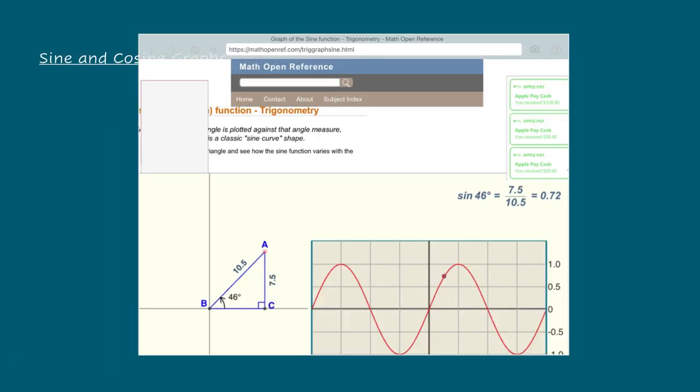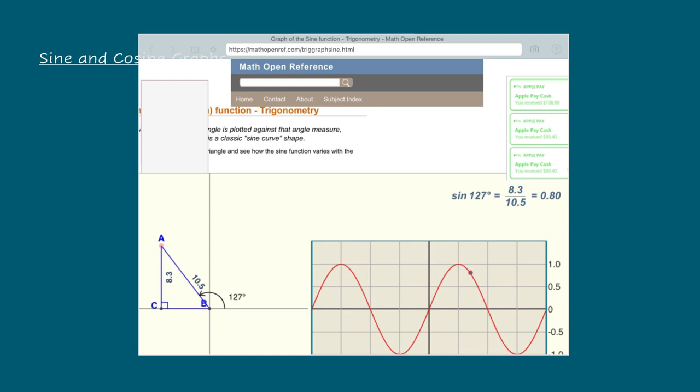All right, so here we have a different demonstration of the same idea. If I take a look at this curve, it's a sine curve, and on the left we have a right triangle drawn. But if you can just imagine that there is a unit circle where this orange dot is going to be moving around, because that's basically what we have.